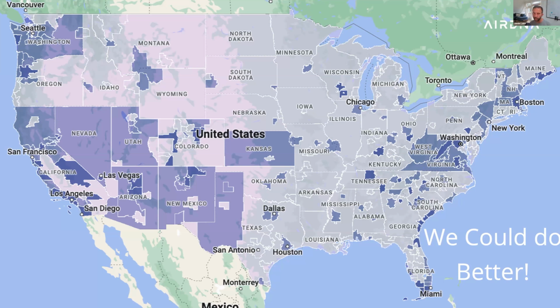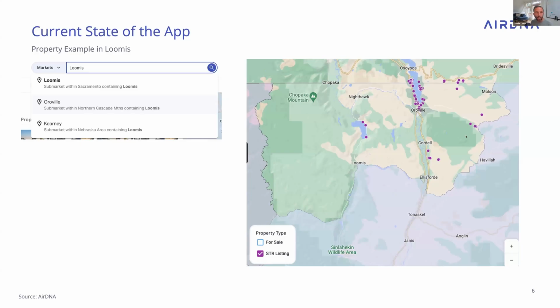Or you can dig into your submarket, which is going to be much more granular in the area that you're actually competing with within a city, maybe your neighborhood, or if you're in a more rural area, it's typically the city. And a lot of times it's the exact same city that we were showing before, but just organized into a higher level market.